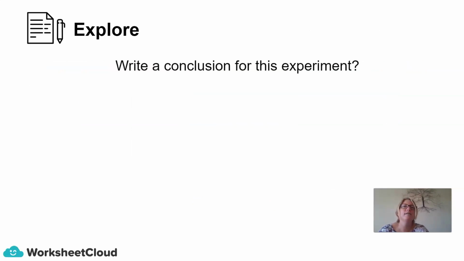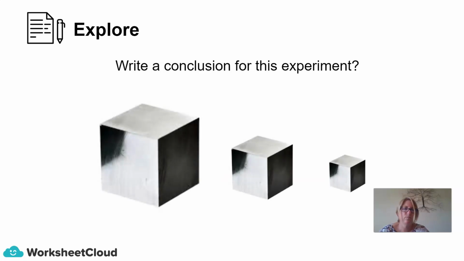So can you write a conclusion for this experiment based on the results? So you can use the table, or you can use the graph to get your main points and main findings. So we can conclude that the 3 blocks are probably made out of the same substance, that the substance is aluminium, that has a density of 2.7 grams per centimeter cubed.